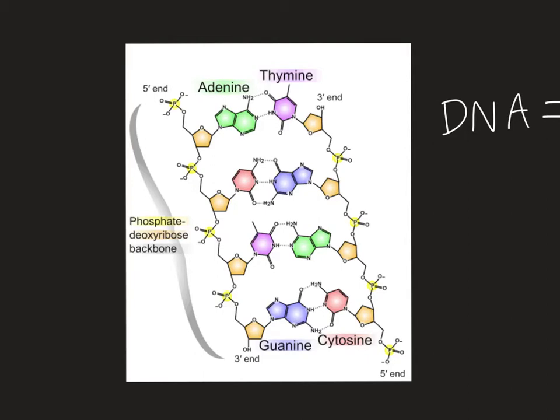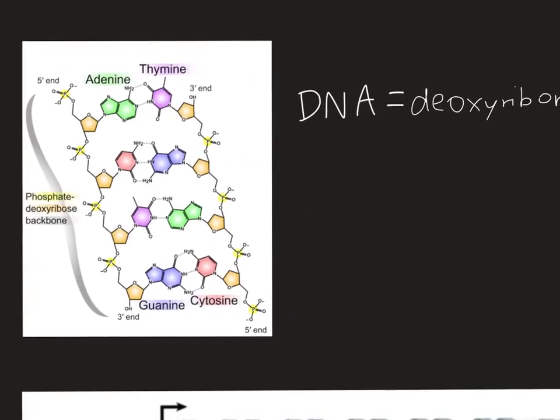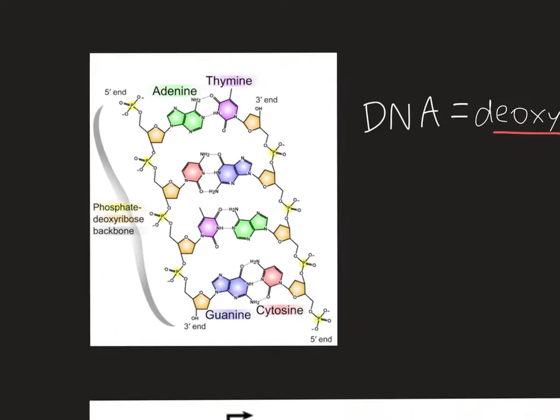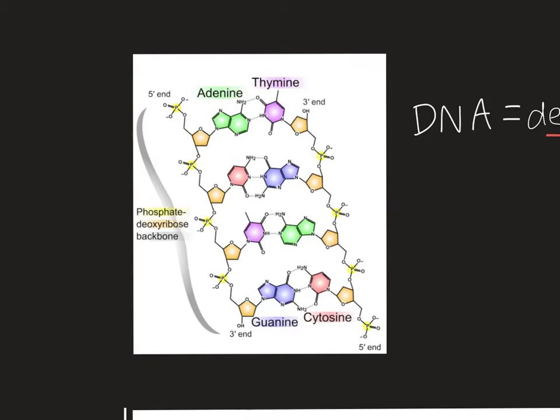The backbone of our DNA ladder is made up of sugar molecules called deoxyribose, hence the first part of the name here. So these are the deoxyribose molecules, and these molecules are joined together by phosphate groups, which are these.